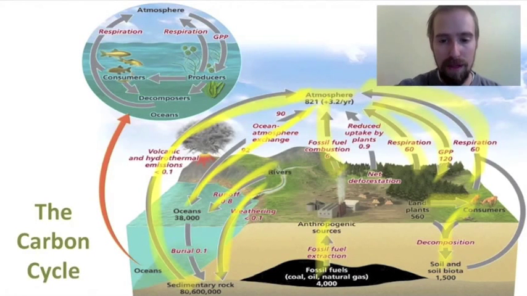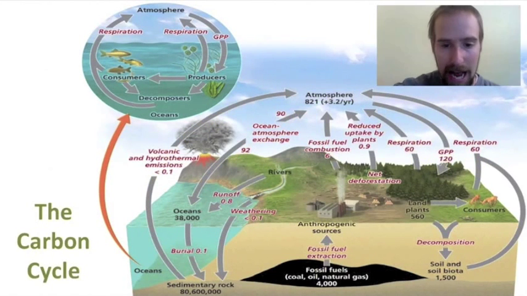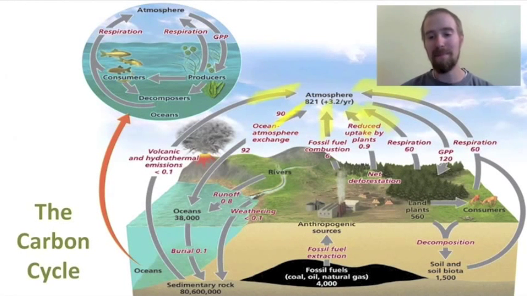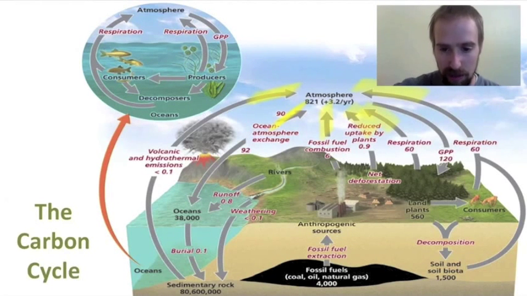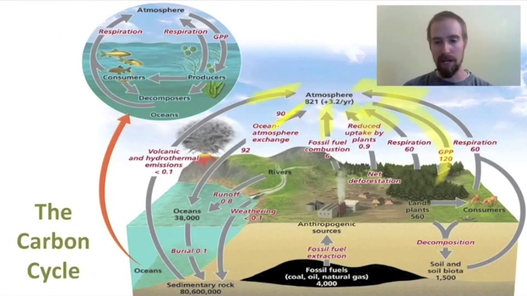But an important thing to notice here is how many of these arrows go up into the atmosphere and how few of them come back out of the atmosphere into land-based systems. This one here is the big one that actually keeps carbon in land-based ecosystems.